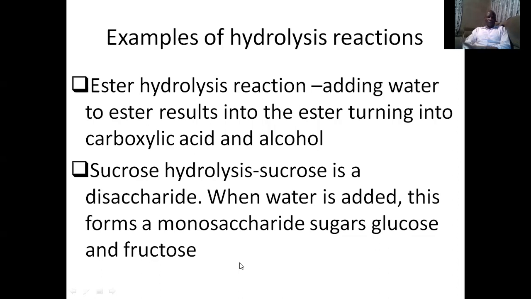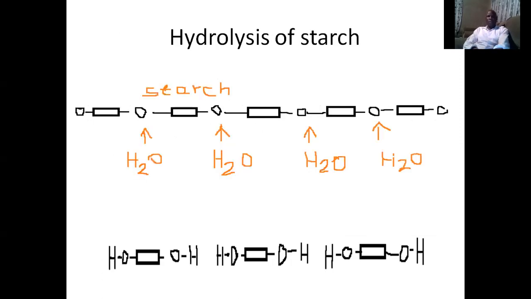But here we have shown how the hydrolysis process takes place, and that you are moving from a very big molecule to simpler molecules. So this is the hydrolysis process. So if you have starch here, and then you add water with the other conditions which are required, what you form are simple molecules, which we had at first.